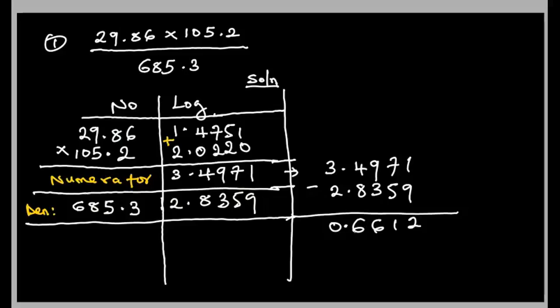Having done all these things, the final thing to do is to get the anti-logarithm. How do we get the anti-log? We look for 0.66 under 1 difference 2.